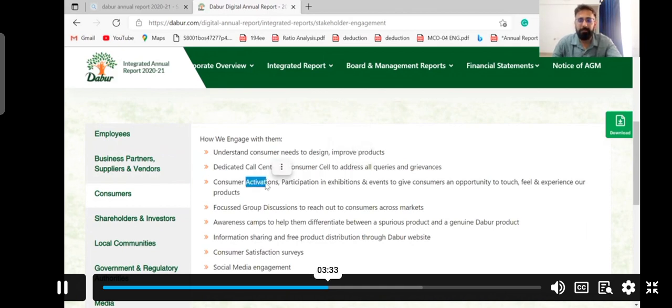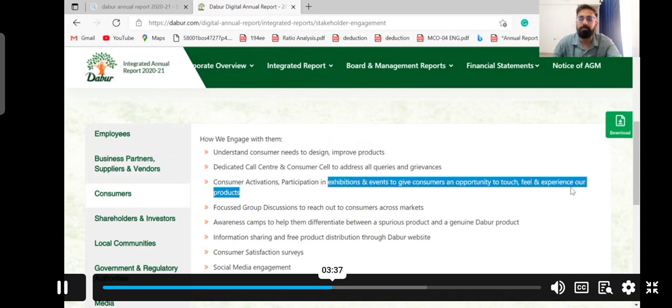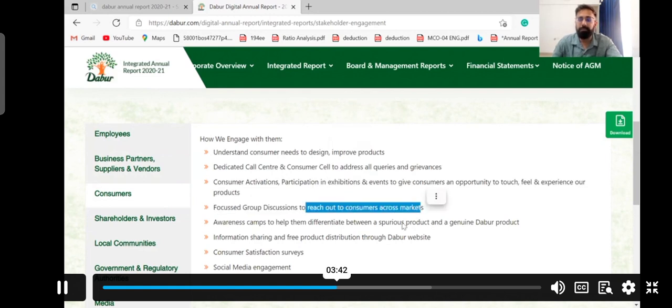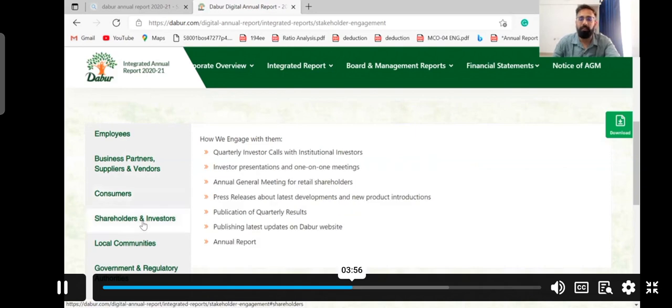Consumer activations, participation in exhibitions and events to give consumers an opportunity to touch, feel, or experience our product. Focus group discussions to reach out to customers: they conduct these activities to know more about consumers. If your business knows what the consumer is expecting from the business or the product, your business will definitely be successful.